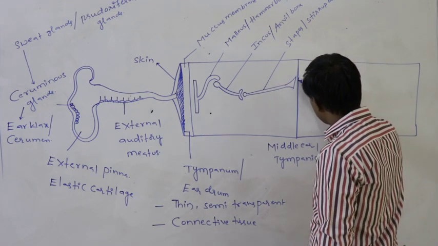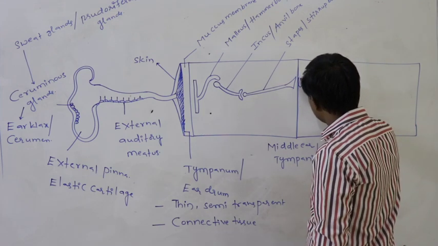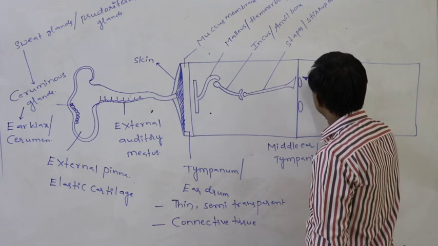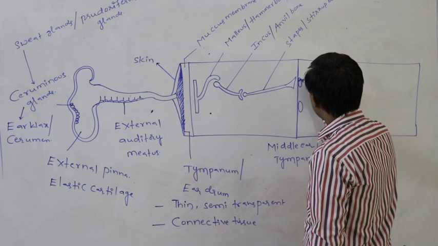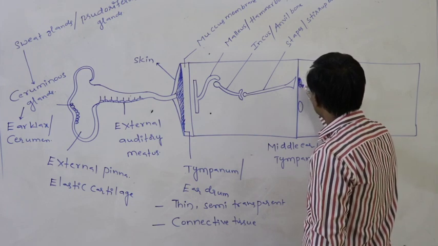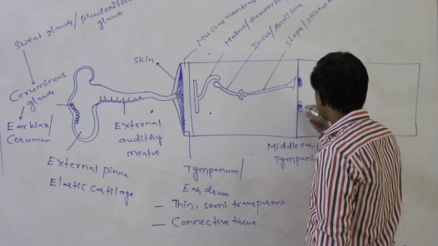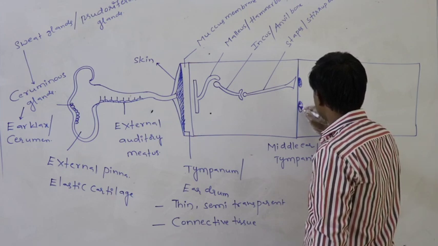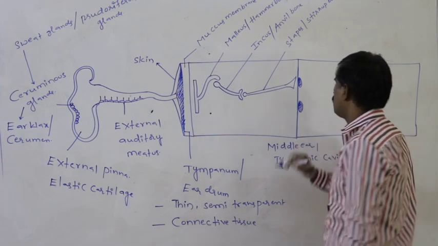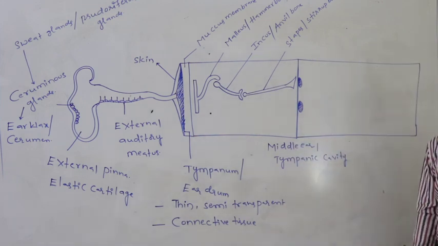Definitely on the bony partition, two openings are present. They are covered with membrane. Membrane covering openings are present on the bony partition.